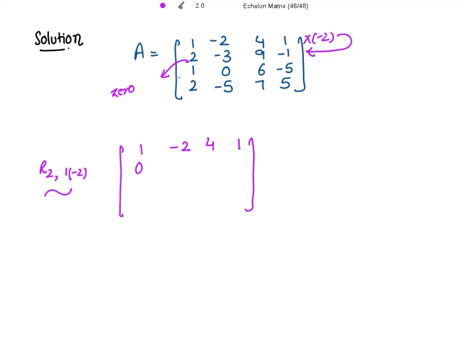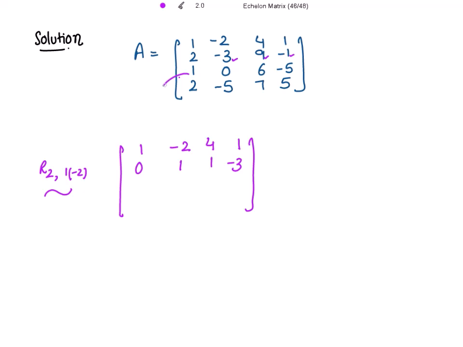Minus 2 multiplied by minus 2 is 4, adding this to minus 3 we get 1. 4 multiplied by minus 2 is minus 8, adding this to 9 we get 1. 1 multiplied by minus 2 is minus 2, adding this to negative 1 we get minus 3.